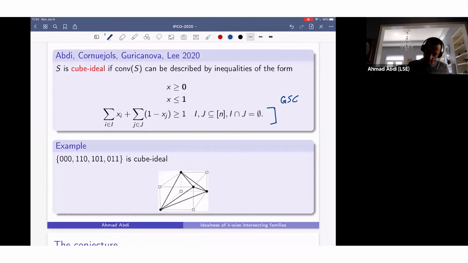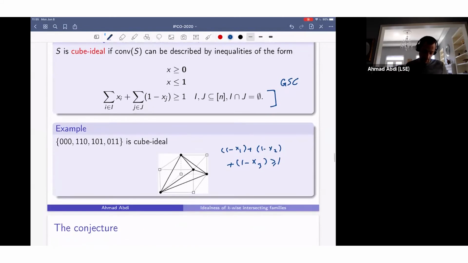And if you look at the set of 4 points that I showed you, that's going to be a cube ideal set. Why? Because if you look at this, we're getting a simplex, and every facet is cutting off a single point. And if you cut off a single point, that means you're cutting off a subhypercube, and this is precisely what generalized set covering inequalities do. They cut off subhypercubes. So this is (1 minus x1) plus (1 minus x2) plus (1 minus x3) greater than or equal to 1.